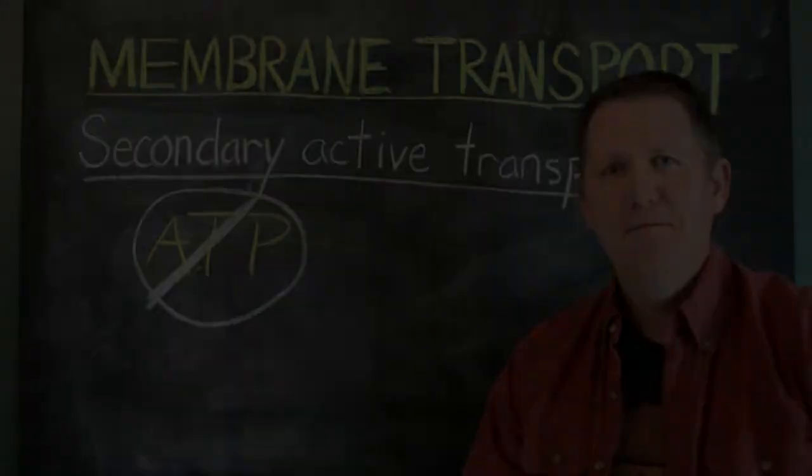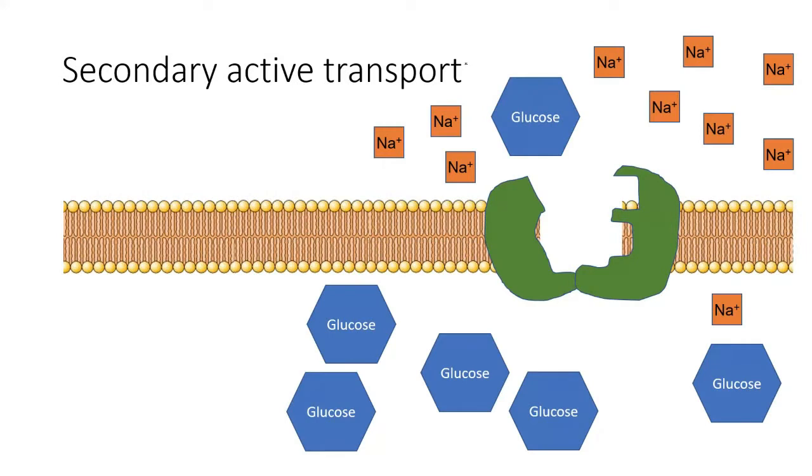Let's take a look. In order for secondary active transport to work, we need to have a concentration gradient. It can be sodium, hydrogen, a variety of other ions, but always something like that. What made them concentrated? It was probably the sodium-potassium pump.